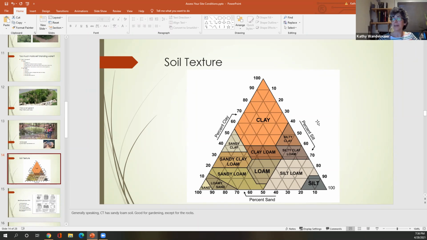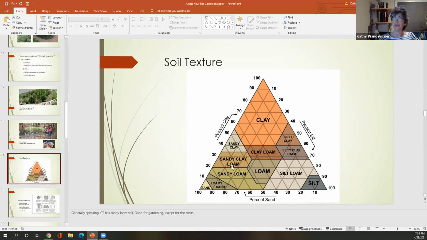But generally speaking, Connecticut has sandy loam. That is not everywhere, but it's kind of a broad generalization. It's the most common soil profile in the state.